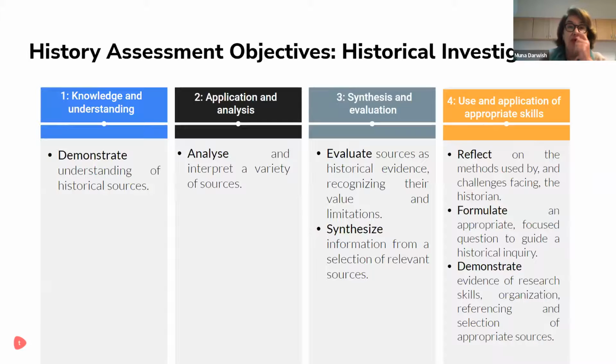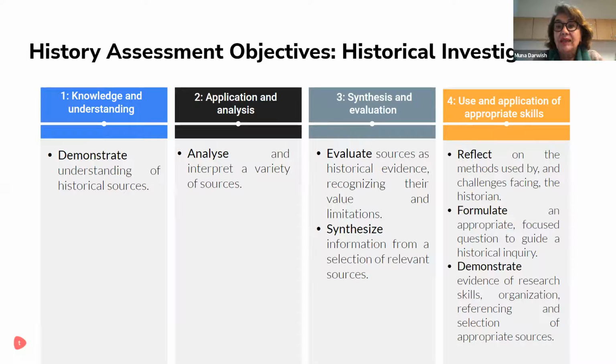Okay, again, we come to the history assessment objectives, and you will find those 4 components that I referred to when discussing the assessment objectives of the IB. They are, of course, relevant. Knowledge and understanding: we need to demonstrate our understanding of the historical sources that we have chosen. We analyze the sources we refer to.